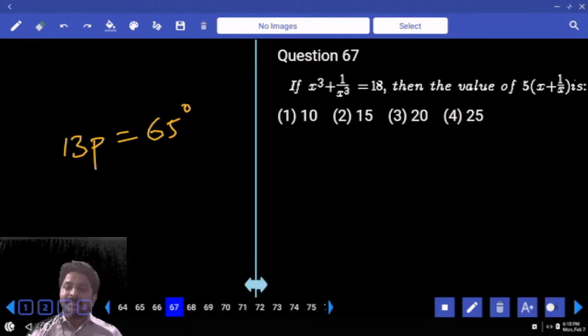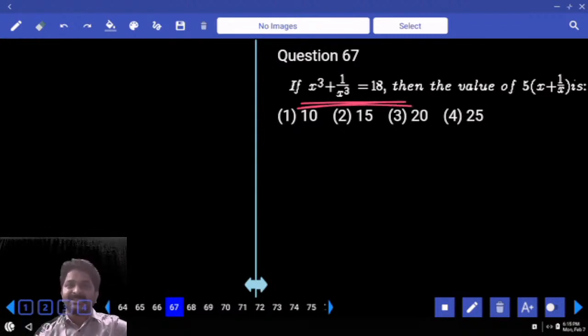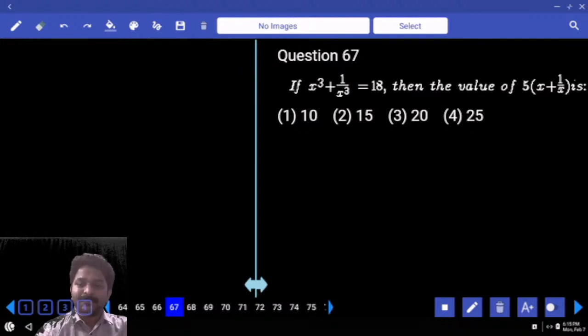x cube plus 1 by x cube is equal to 18, and we were asked to calculate 5 times of x plus 1 by x. Sometimes we can assume a value so that the left hand side and right hand side condition gets satisfied. But we have x cube plus 1 by x cube, so it is not easy to identify the x value. So let's use algebraic equations.